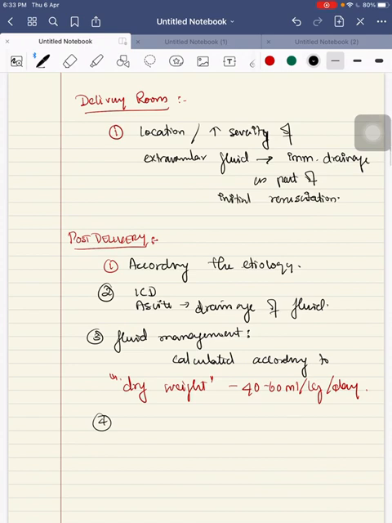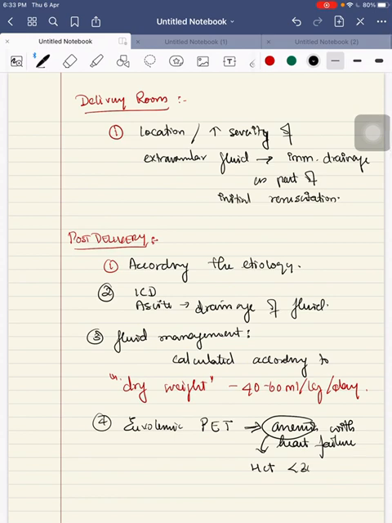Fourth, if the child is anemic with heart failure, then you can give a euvolemic partial exchange transfusion. Anemia here means the child has a hematocrit of less than 30%.